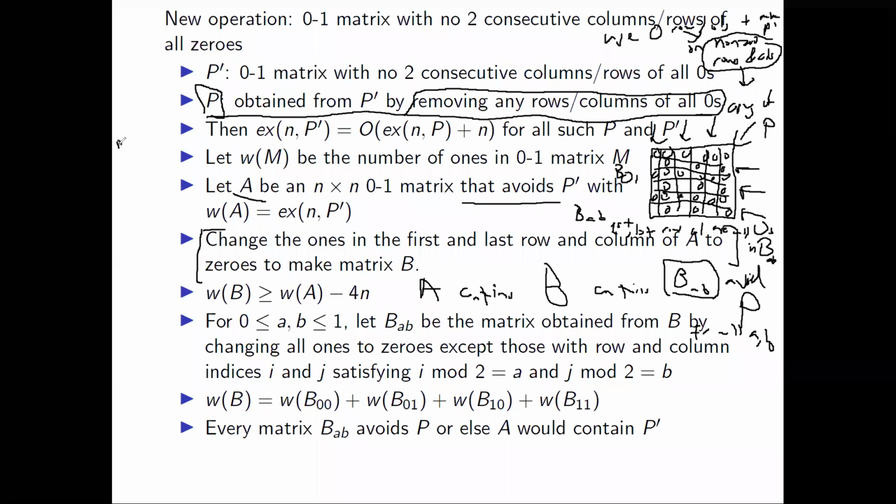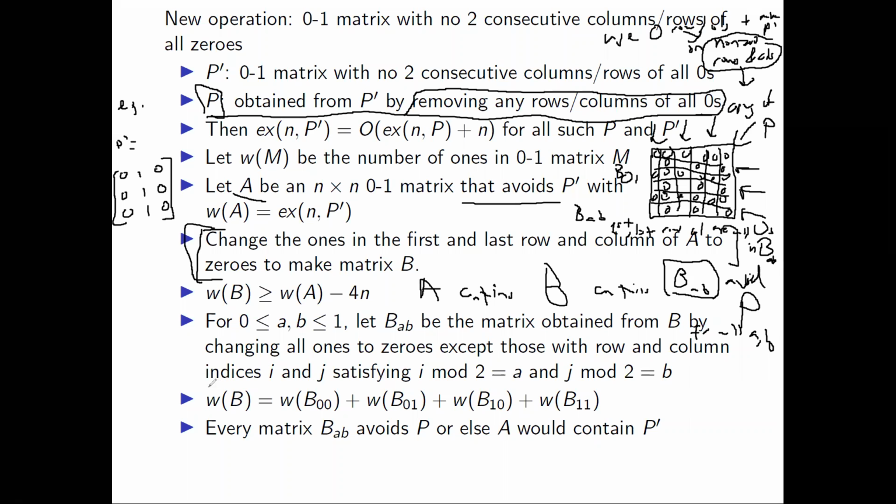We might have an example of a P prime like this, which has its first column as all zeros, and maybe the last column is all zeros too. In that case, this step right here is important, where we zero out the last column and the first column.